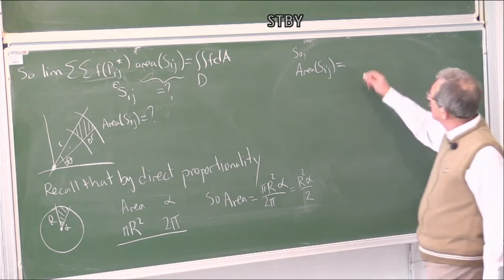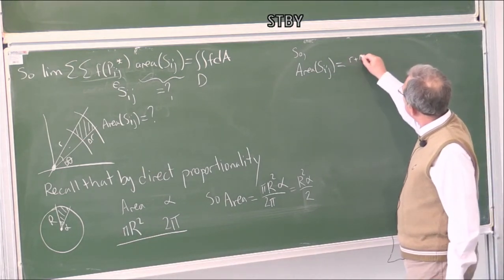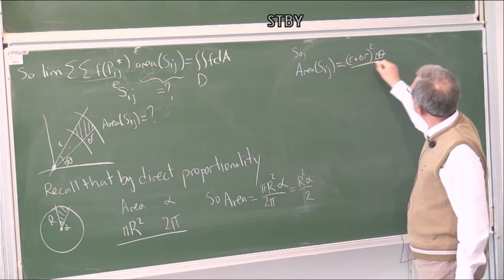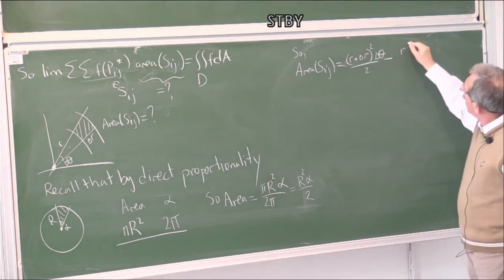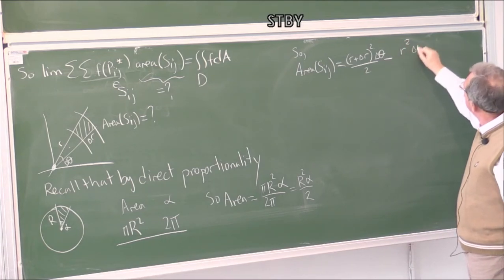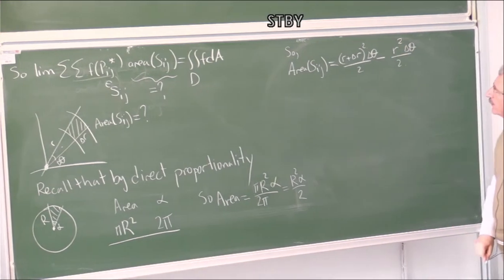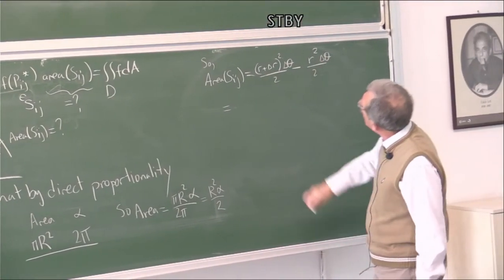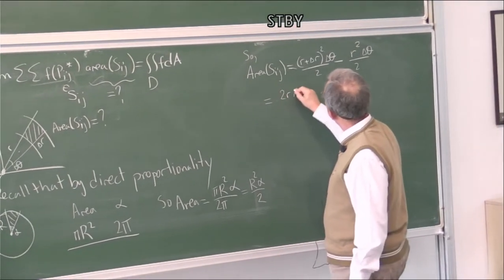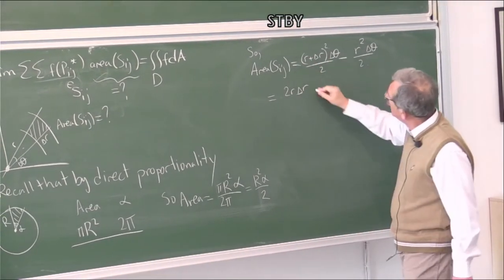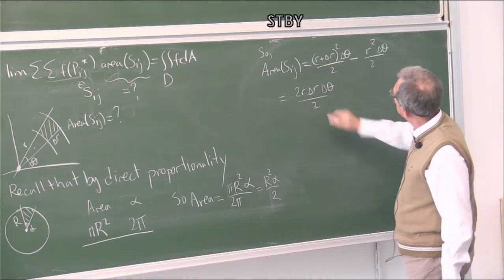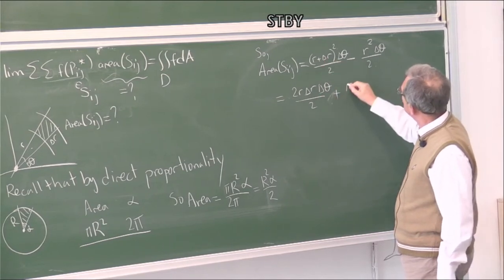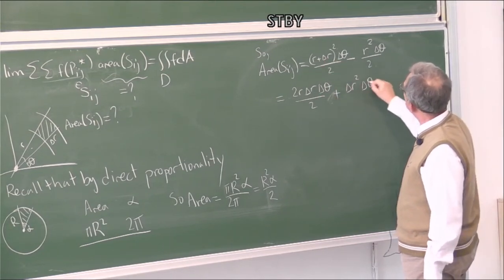Then it would be (r plus delta r) squared, with alpha being delta theta, over 2, minus r squared delta theta over 2. Which means you have r squares canceling out, so you have 2r delta r delta theta over 2, plus the last term, (delta r) squared delta theta over 2.